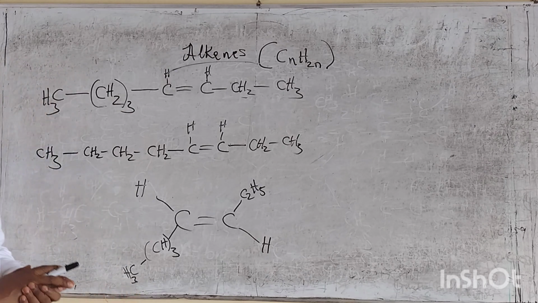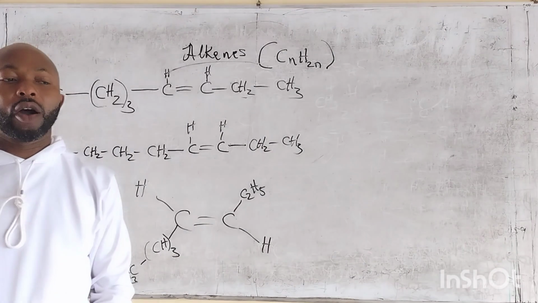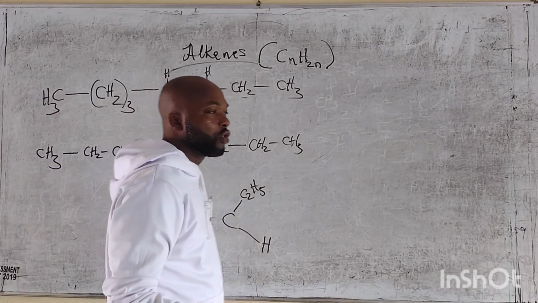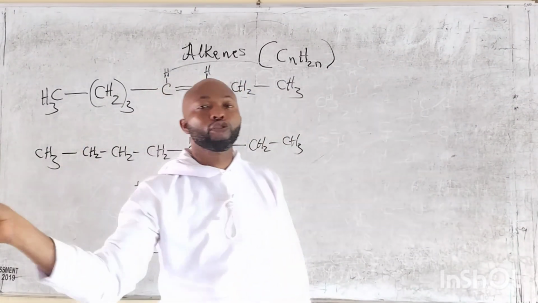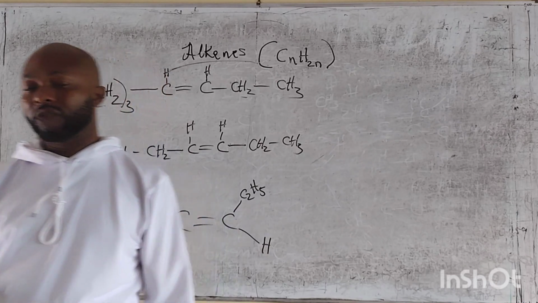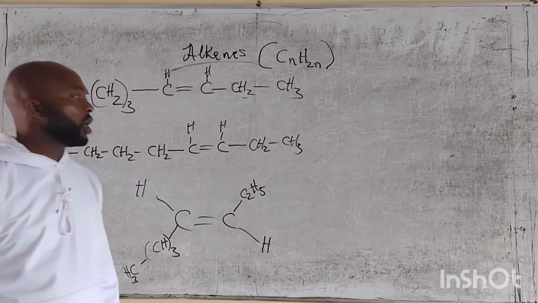Now, having said that, we now look at what we call optical activity. Optical activity is the ability of a compound to rotate plane polarized light in a dextro manner, to the right. We call it dextrorotatory.